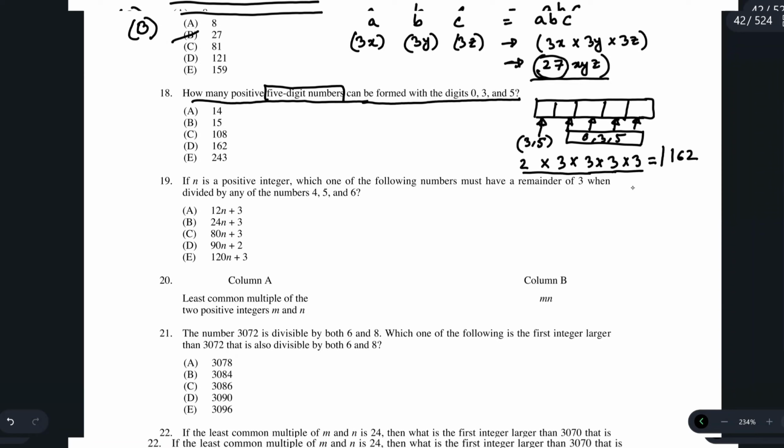So there can be 162 different 5-digit numbers formed with only the digits 0, 3, and 5. The answer for question 18 should be 162, or D.